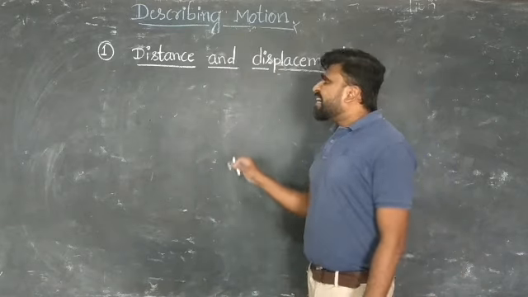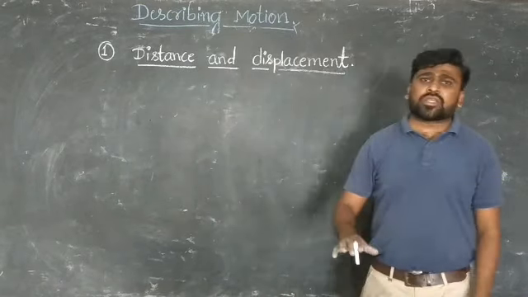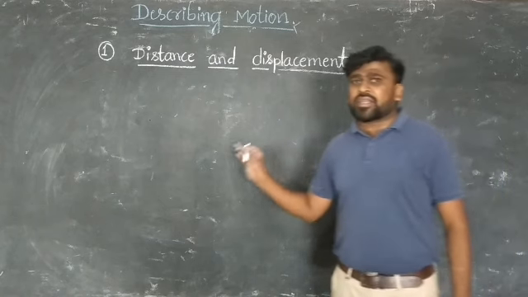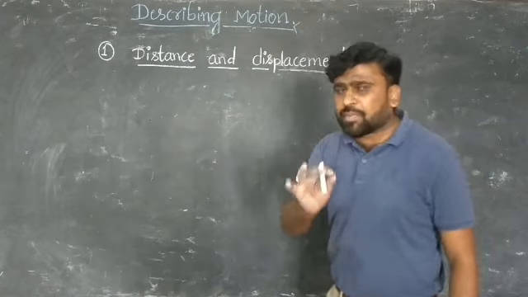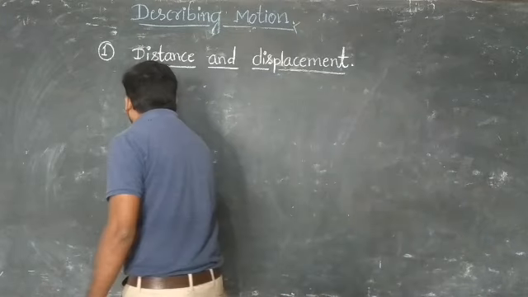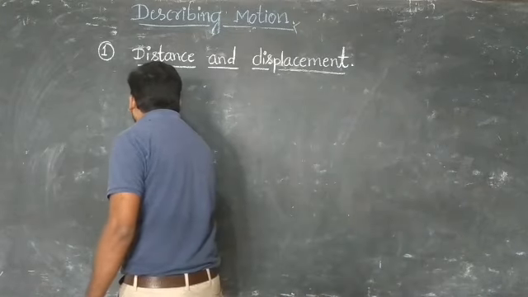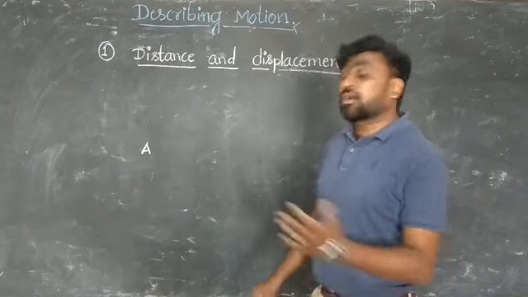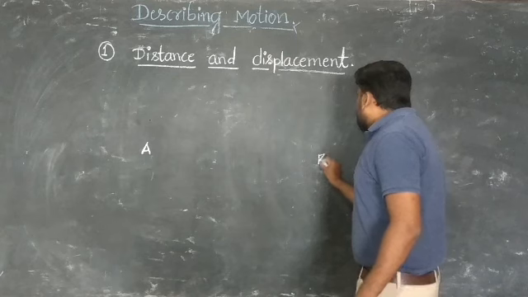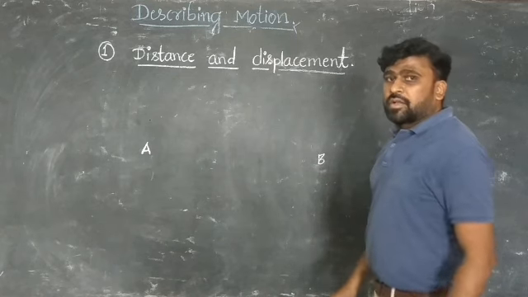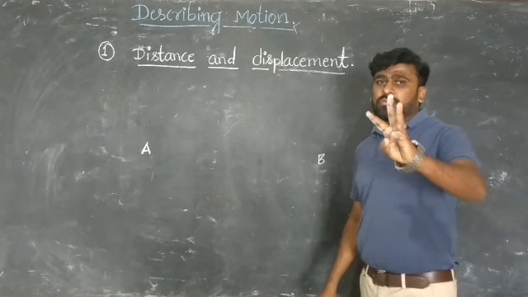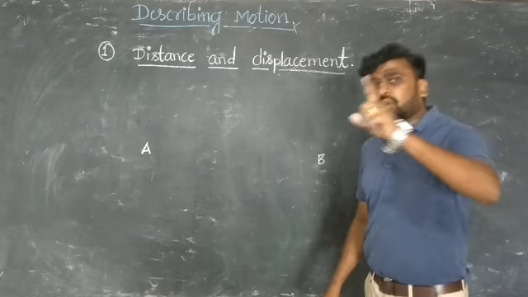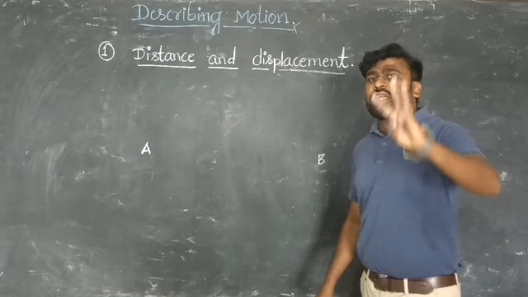You have to neatly understand the concept of distance and displacement. I will give one simple example. See here, A. Now it is a village. You can take A as Shimoga and B as Kadur. Clear? There are three roads. ಮೂರು ದಾರಿ. ಅಂದ್ರೆ ಶಿವಮೊಗ್ಗ ಇಂದ ಕಡೂರಿಗೆ ಹೋಗಕ್ಕೆ there are three routes.